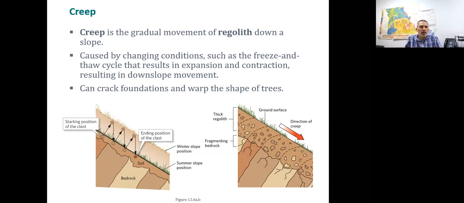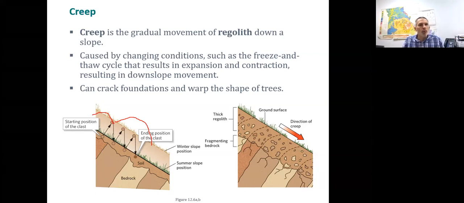This can also happen in areas that don't have freezing and thawing, as raindrops fall. What can happen is the raindrop causing a splash is going to cause droplets of material to get kicked up and travel further downhill than uphill.